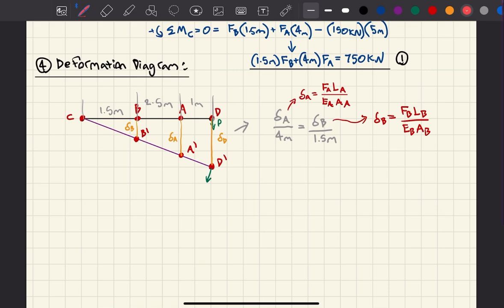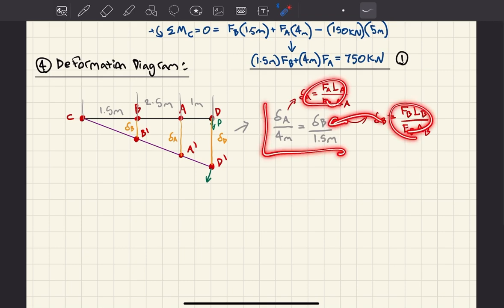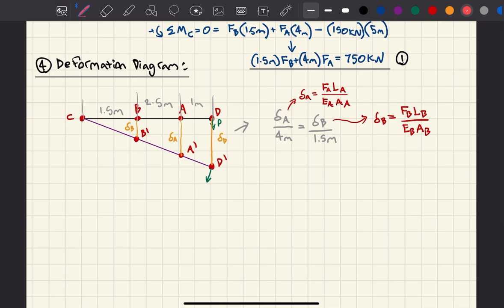Okay. I know the deformation of A. I know the deformation of B. I'm going to plug these two equations into this equation, right? And I'll also sub in some values. So let's actually call this equation 2. Now sub in values.